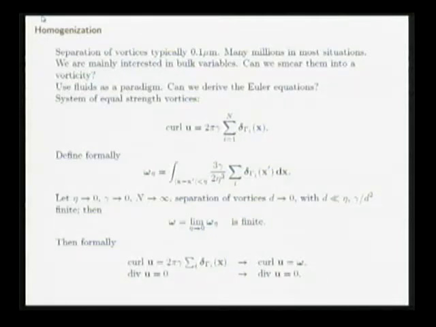But if I follow the same sort of averaging procedure that we did yesterday, and I integrate over a small ball and let the separation between vortices tend to 0 and let the size of the ball tend to 0, and let the strength of the vortex tend to 0 in such a way that gamma over d squared is finite, where d is the typical vortex separation. So the same limiting procedure we did yesterday. Then you can convince yourself that this sum of delta functions is going to end up becoming this vorticity, so that you get back from isolated filaments into a vorticity.